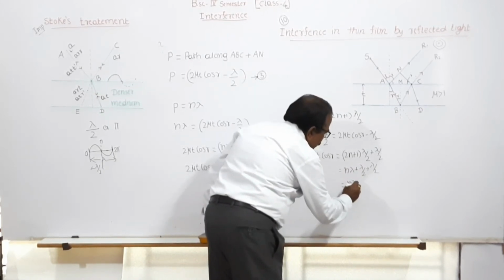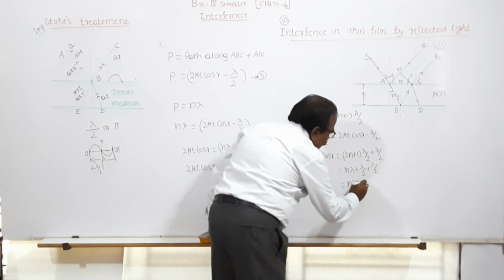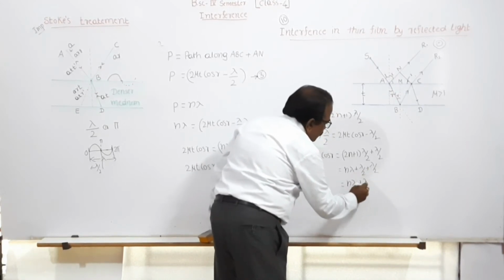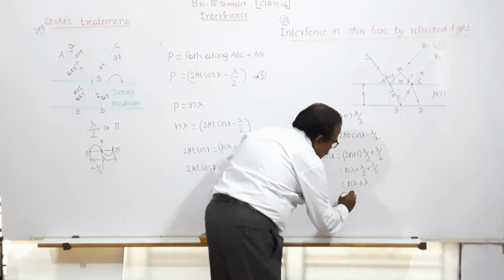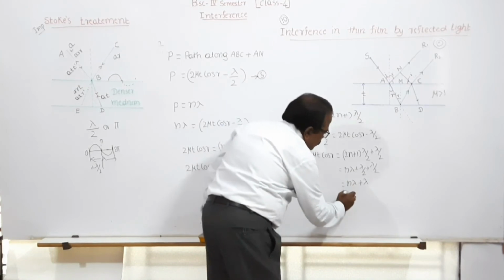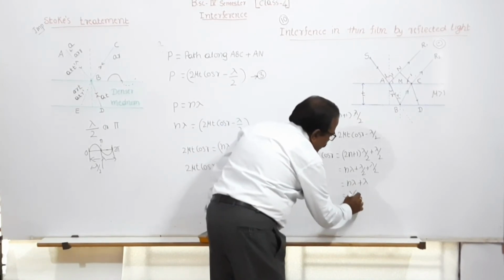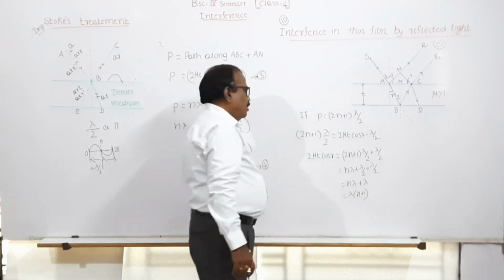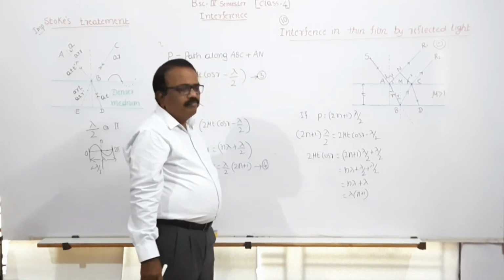So n lambda plus lambda, or if you take this lambda outside, n plus 1, again n plus 1 is an integer.